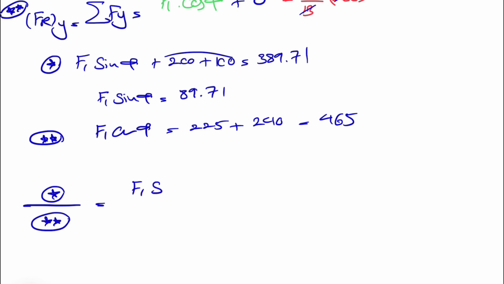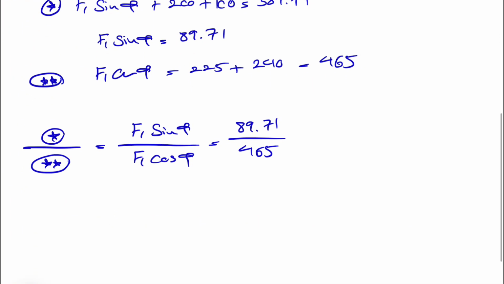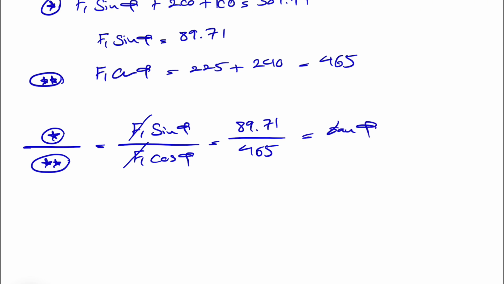So let's just divide the first equation by the second one. If we do that, we have F1 sine of phi over F1 cosine of phi is equal to 89.71 over 465. On the left side, we can cancel out the F1, and we have sine of phi over cosine of phi, which is the tangent of phi.